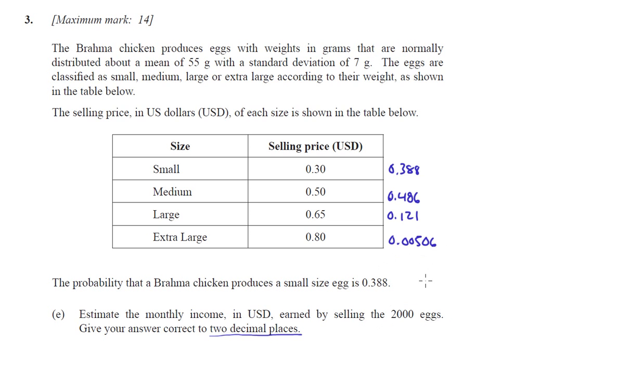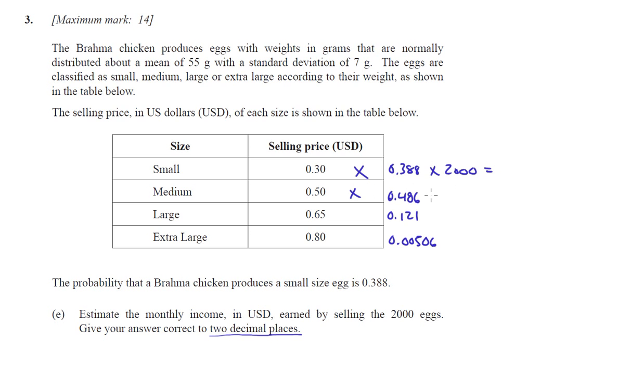Okay, so let's see. Estimate the monthly income in dollars earned by selling the 2,000 eggs. Basically we have to take the selling price times the probability that it'll happen, and then multiply that by 2,000. So we've got 0.3 times 0.388 times 2,000.